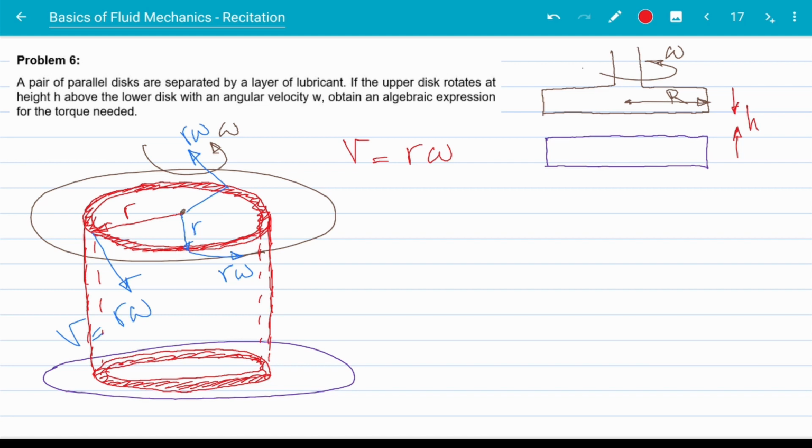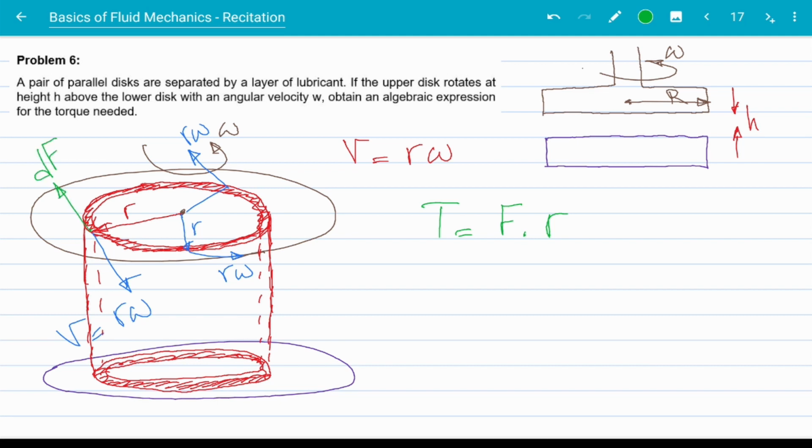For a second, let's focus on what we actually need to find: the torque. So by definition, torque is force times the radius of the force, right? So for this problem, this fluid element, this shell element, is causing a friction force, F, in the opposite direction of the motion.